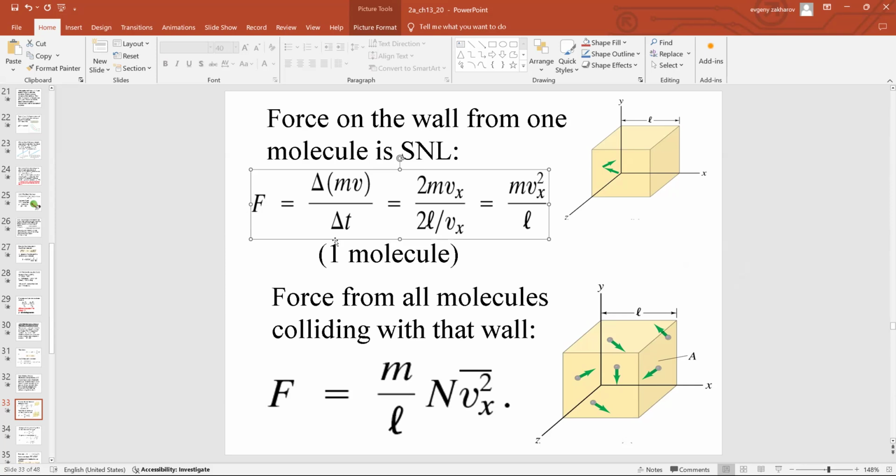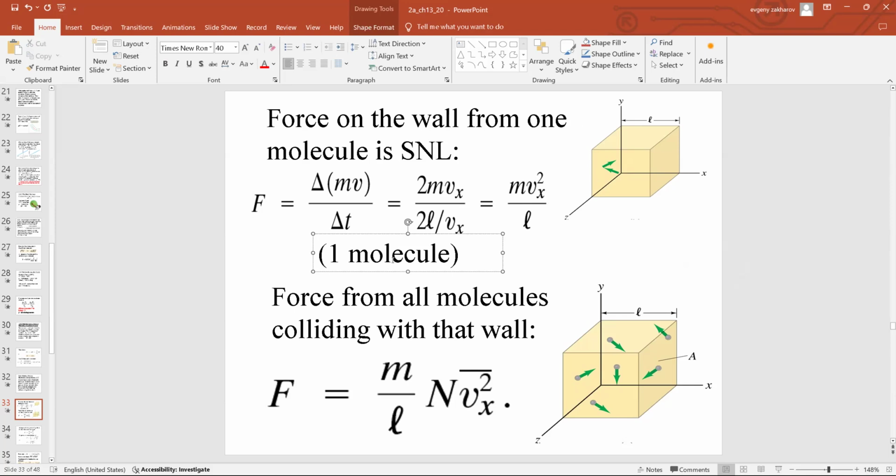And how do you calculate the time? Well, it's the distance traveled by an atom or molecule, and then its backwards motion, so it's L and another L, so it's double the L over the speed of that motion. So the 2's cancel, and you get mv squared over L for a single molecule.